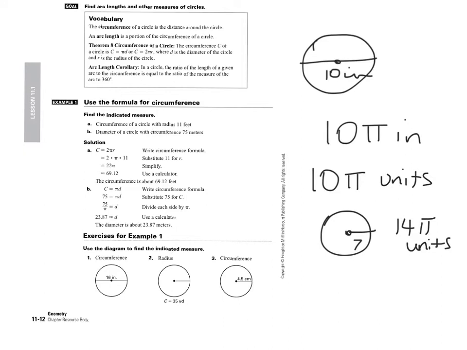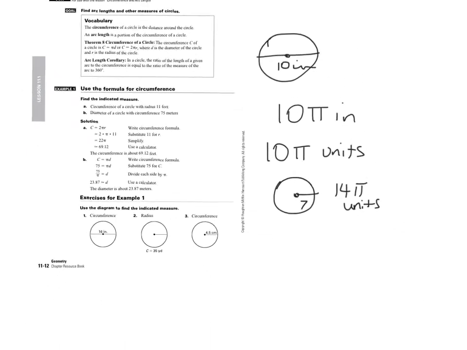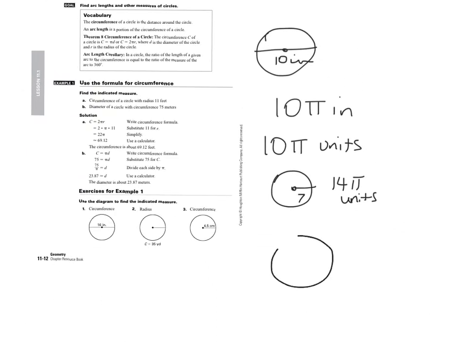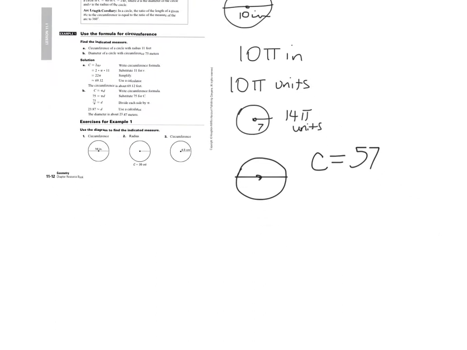Okay, now if I already give you the circumference calculated, like on number 2, and I say find the radius, so for that type of question, let's say they gave you a circle and they said circumference equals 57, and they say find the radius. What we're going to do is take the formula, because they're asking us to find the radius.